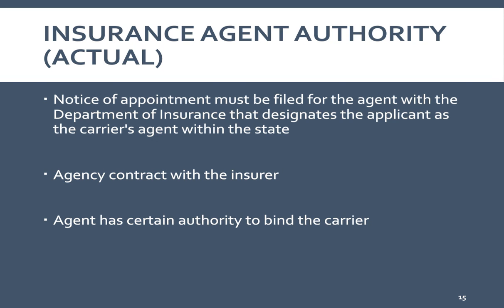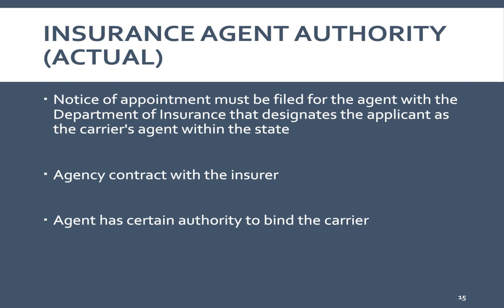There will be a contract between the insurer and the agency. This becomes very important because depending upon the terms of that contract, there are going to be obligations, which we're going to discuss in a minute, that the agency is going to have to meet contractually, and that can in certain instances create a problem with the relationship that the insurance intermediary or agent will have with the insured.